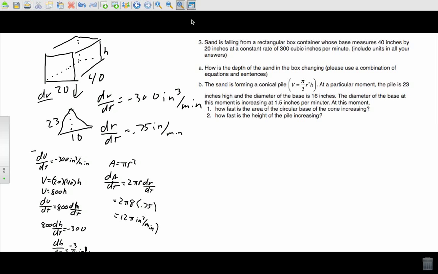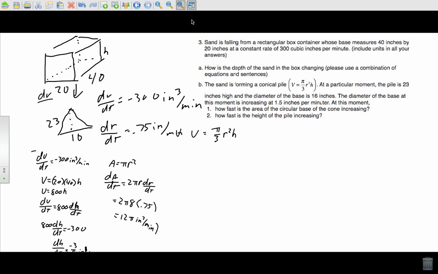And then part 3, how fast is the height of the pile increasing? Well, for that, you have your volume. Can I write right there? I need to go over here. So what is the volume of the cone? Pi over 3 r squared h.